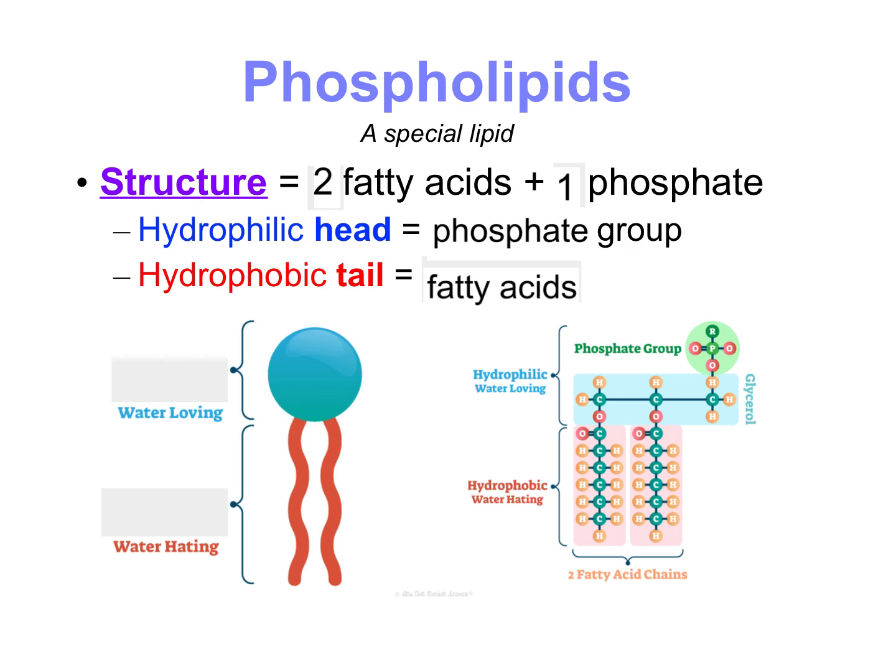And we can also think about this in the fact that we know that our tails are fatty acids, so things like oils do not mix with water, so that makes them hydrophobic. So our tail portion, as we just said, is made of fat, so that makes it the hydrophobic portion, and the head is the hydrophilic portion.